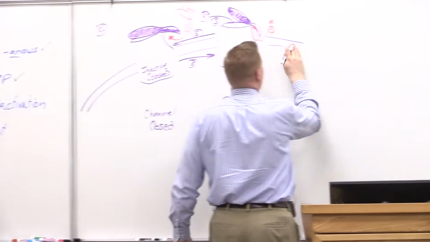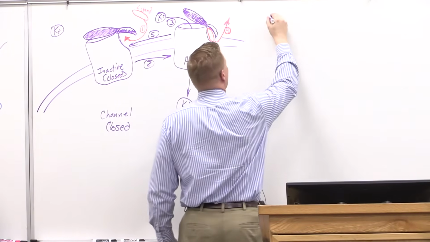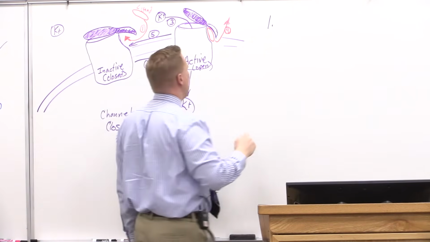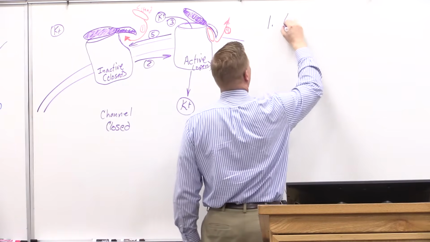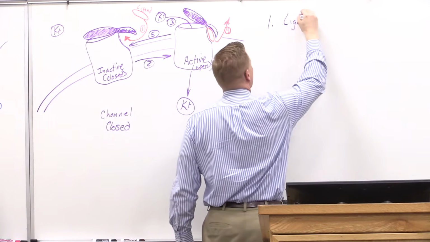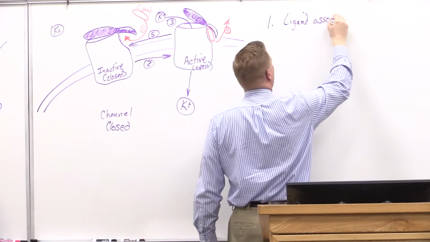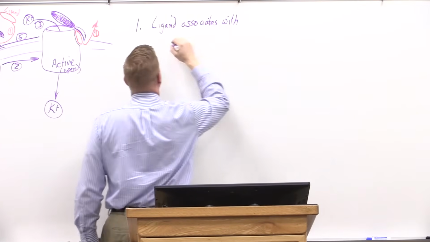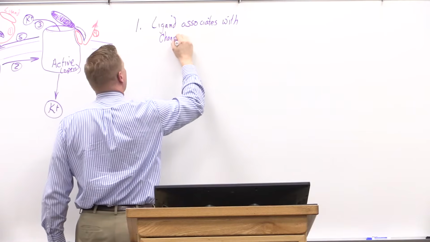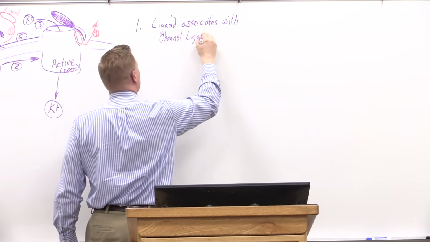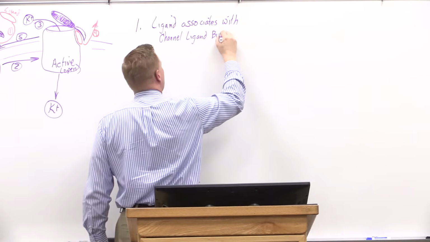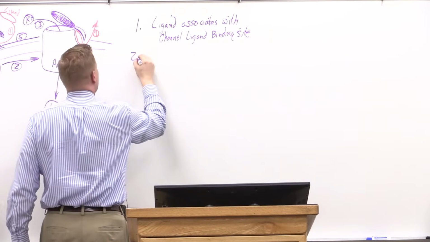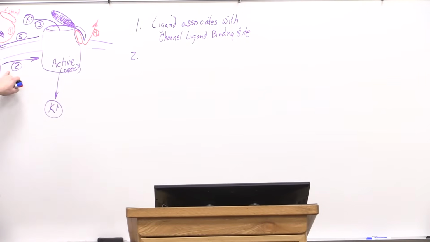To do the step-by-step translation, I'm just going to write what each one of those arrows does. So in step 1, we just have ligand associates or binds with the channel ligand binding site. And then in step 2, what do we say happened?